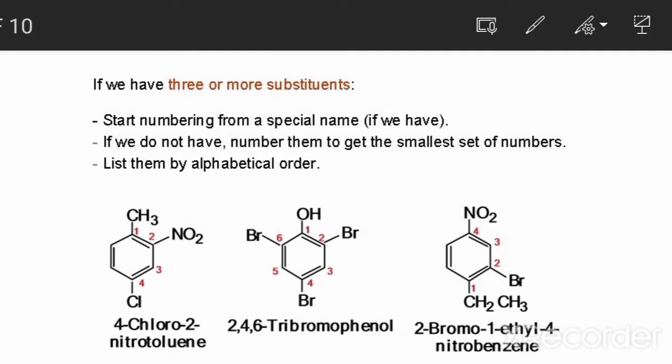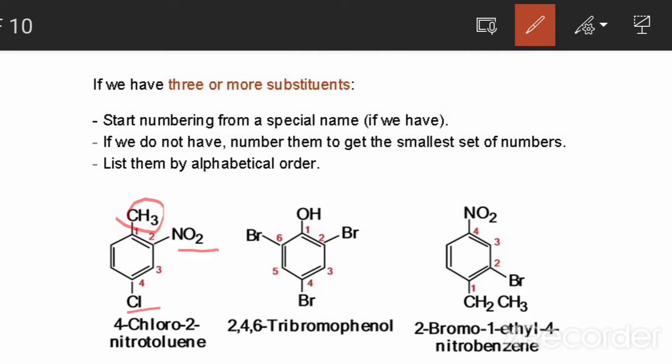So in the first example, we see three groups attached to the benzene ring, and one will be considered as the special name. In this compound, we give toluene the special name, and the others are a nitro group and a chloro group.